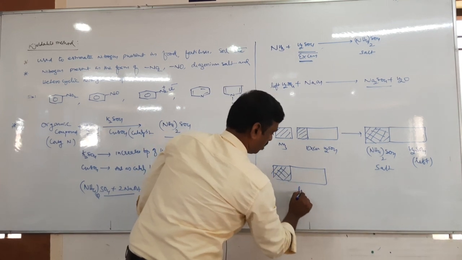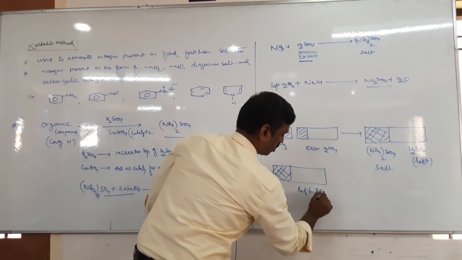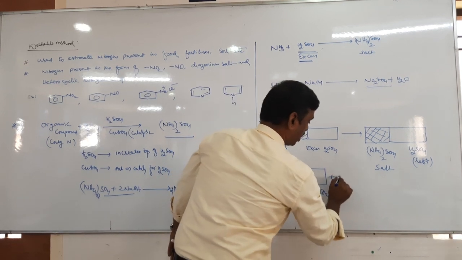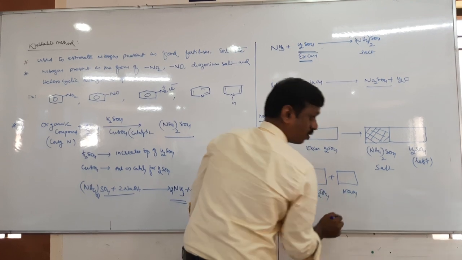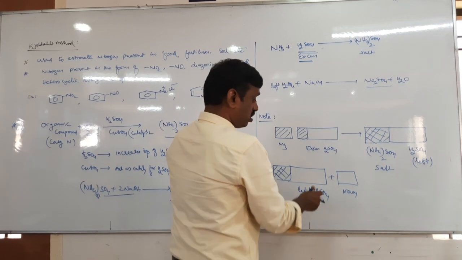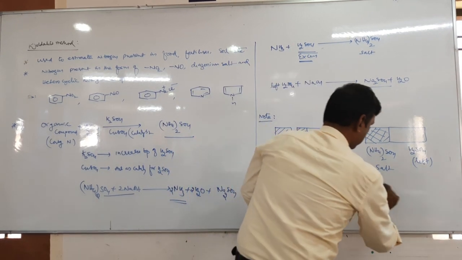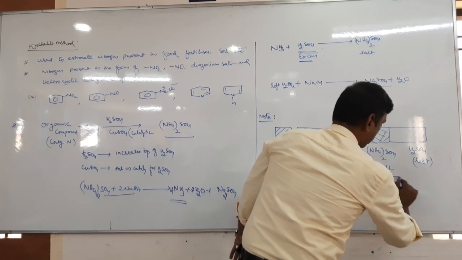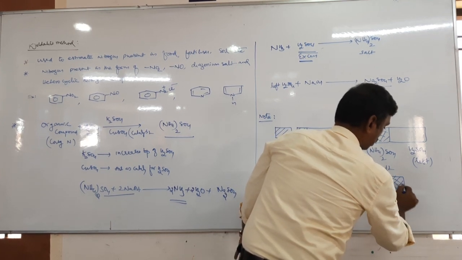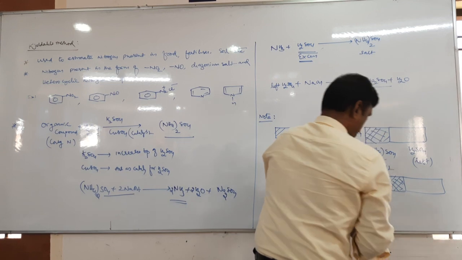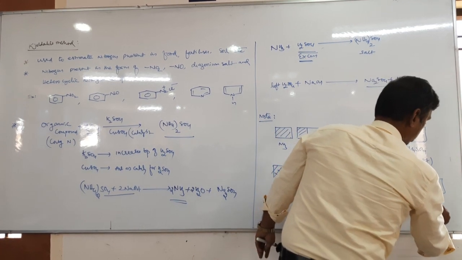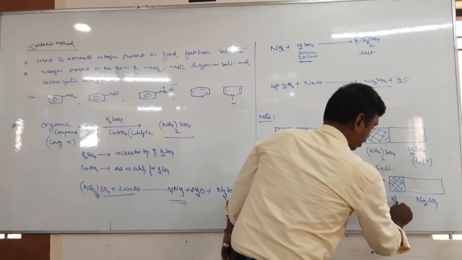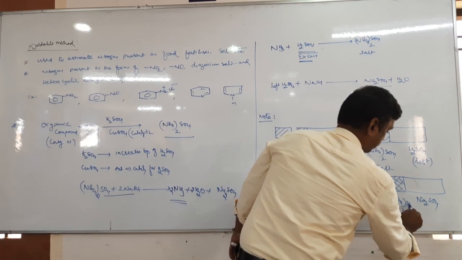Now this is the left sulfuric acid. Now it is treated with NaOH, enough NaOH so that this complete sulfuric acid is converted into what? You will get Na2SO4, and this is ammonium sulfate.